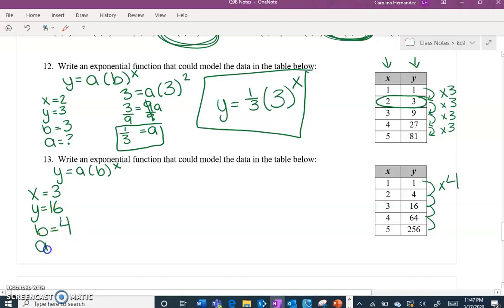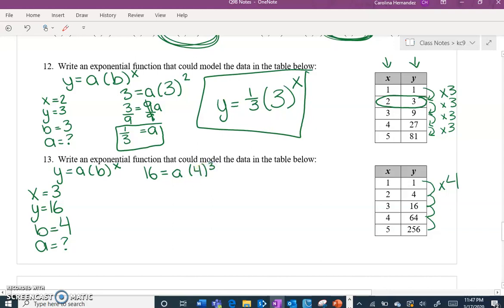Again, I don't know what a is. For the most part, you're going to be solving for a. So we're going to substitute what we know into the general formula, y equals a times b to the x power. In this case, it's going to be 16 equals a times 4 to the third power.